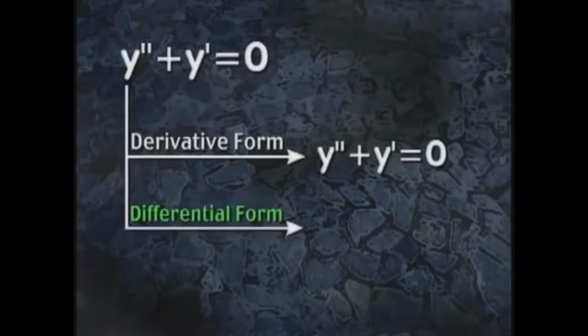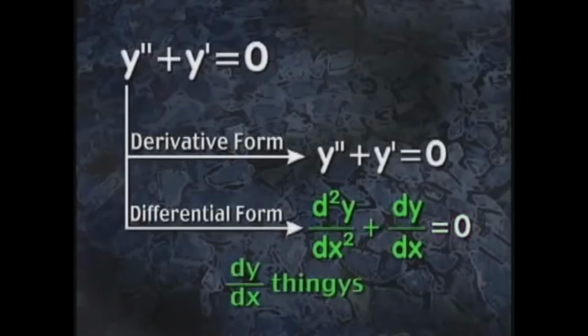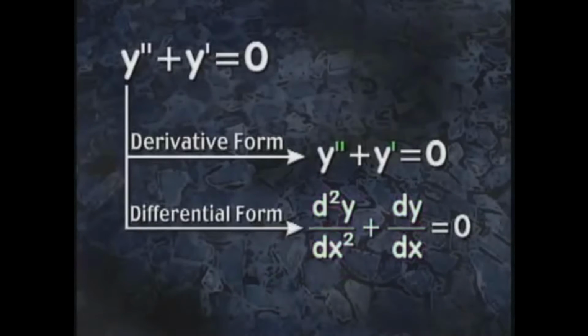In the differential form, it would look like this, with the dy dx notation. It's read the second derivative of y with respect to x plus the first derivative of y with respect to x equals 0. The dy dx thingies tell you that you're looking at the differential form. So primey thingies, derivative form. Dy dx thingies, differential form. Got it?